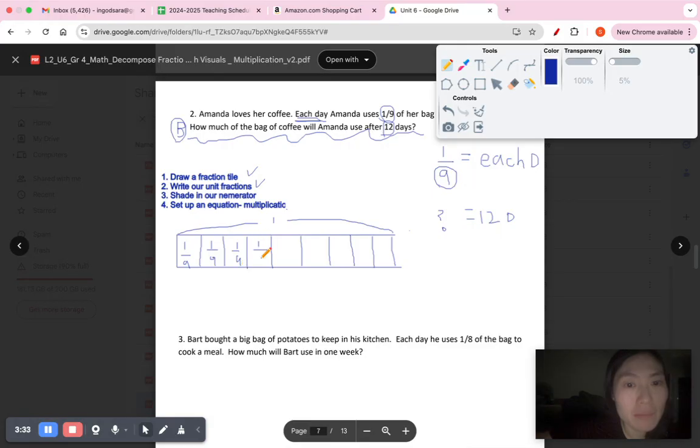I'm going to keep going. 1/9, 1/9. You're doing great. 1/9, 1/9, 1/9, and 1/9. Oopsie doopsie, right there. Now I need to shade in my numerator.